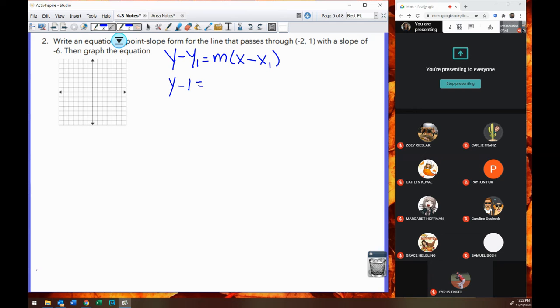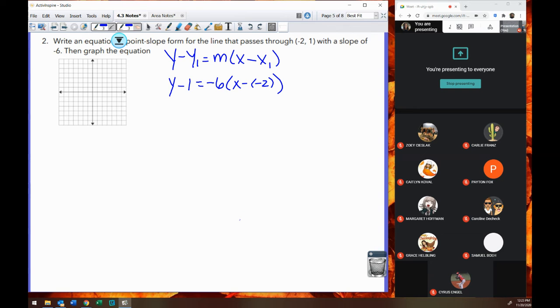So that's saying that once I formulate my equation and I find a line that goes through this coordinate point with this slope, any y value minus 1 is going to be the same as taking the slope of this line times whatever its x coordinate is minus negative 2. So any other coordinate point that you find on that line, you're going to be able to plug in, and you're still going to get the same thing.